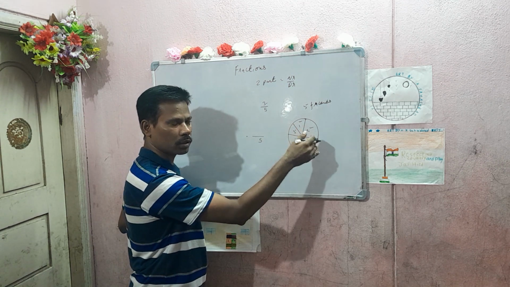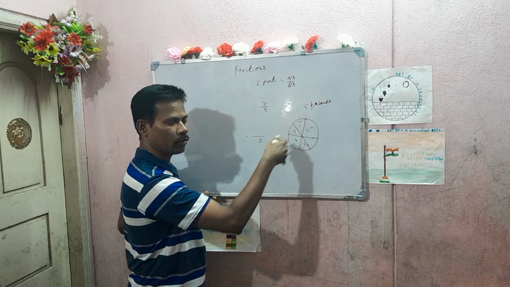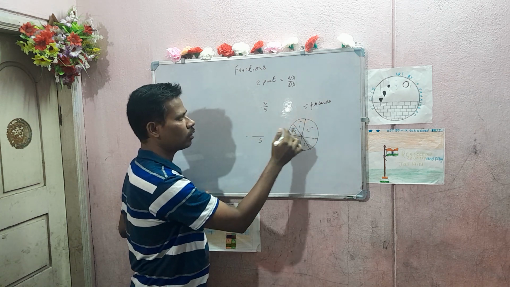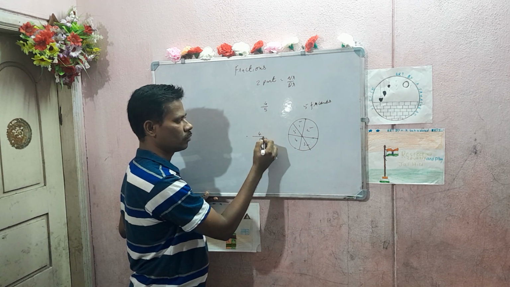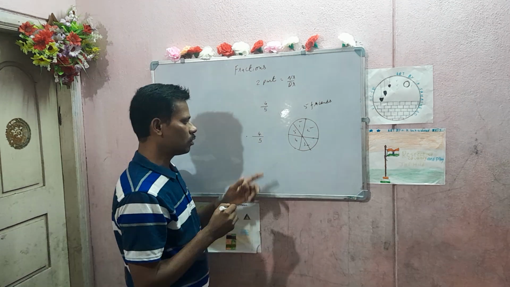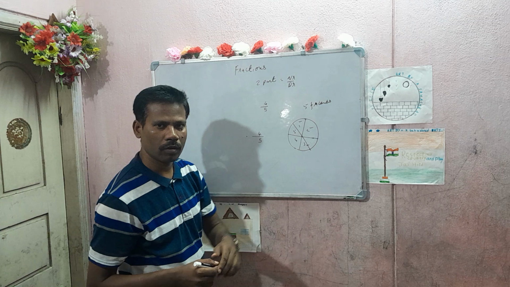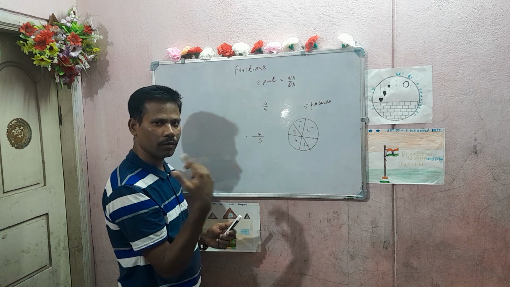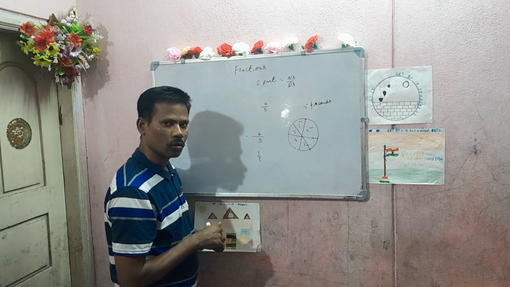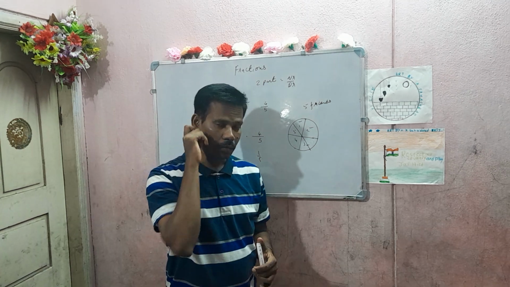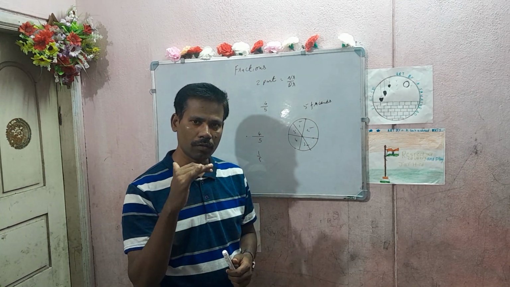Whole is 5 parts: 1, 2, 3, 4, 5. And you have given, let us say, 4 parts to your friends. So how will you write this one? Out of 5, 4 parts you have given to your friend, and 1 part is left over with you. So that is nothing but fraction, part out of a whole.